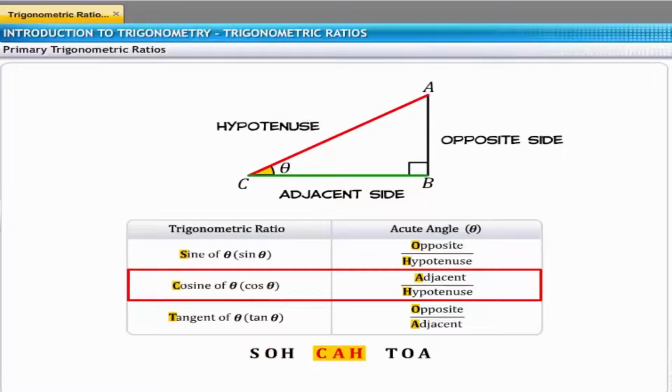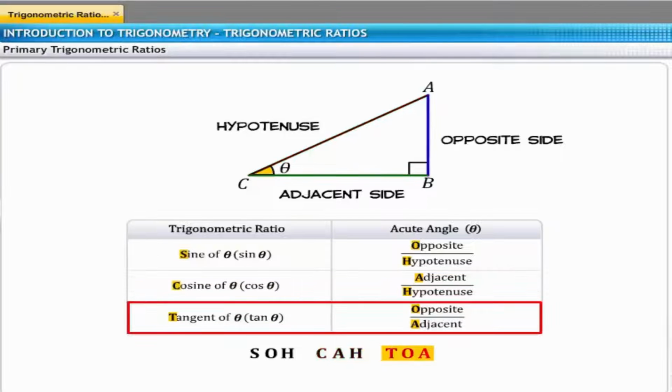The CA stands for cosine of an angle is adjacent side over hypotenuse. The TOA stands for tangent of an angle is opposite side over adjacent side. Memorize this to remember these ratios.